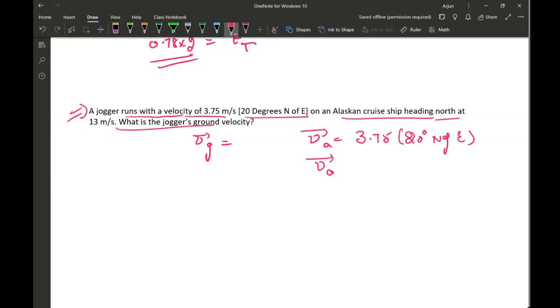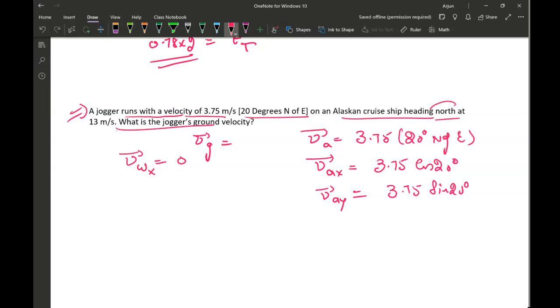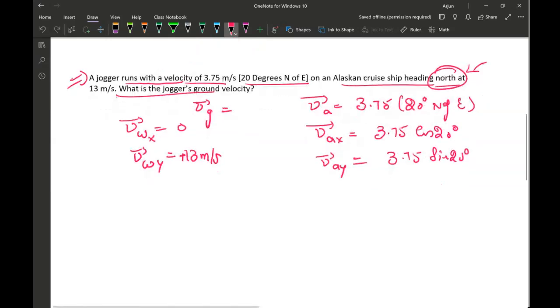So I can say Vax equals 3.75 cos of 20 degrees, and Vay equals 3.75 sine of 20 degrees. Vwx is equal to 0 because it is moving straight to the north. So Vwy will be 13 meters per second in the upward direction. That's why this number is positive.